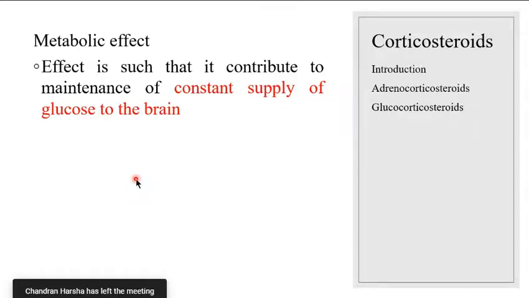Because the corticosteroids are targeted to enhance or to maintain the level of glucose, and to produce that effect it needs to break down muscles and other structures in the body, which leads to the adverse drug reactions of corticosteroids.